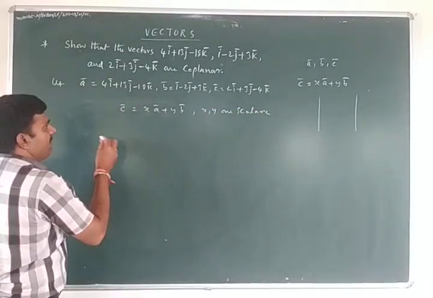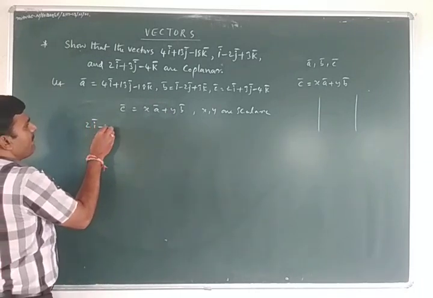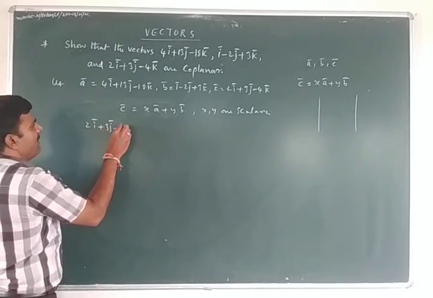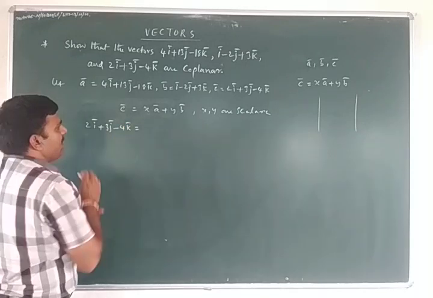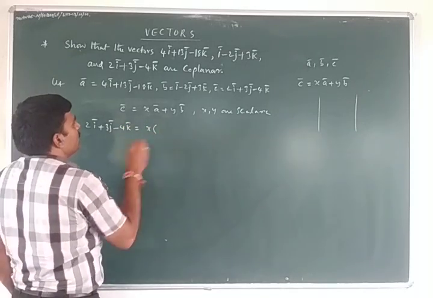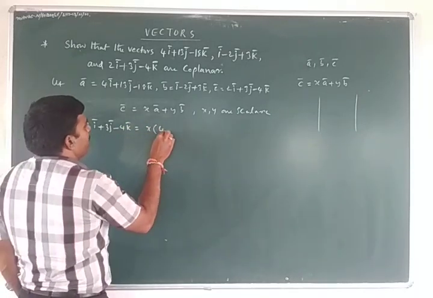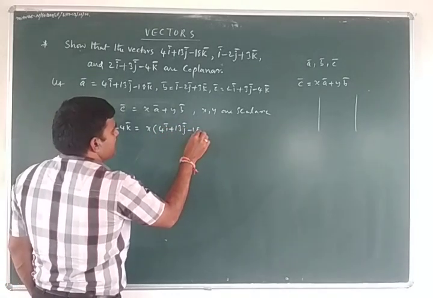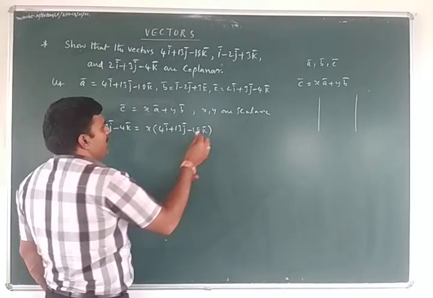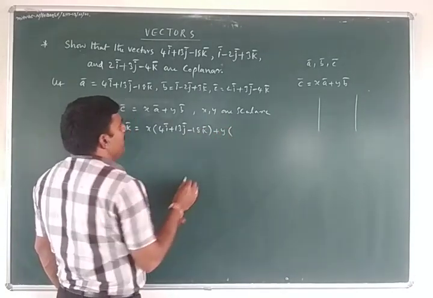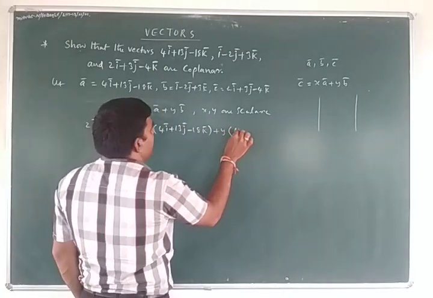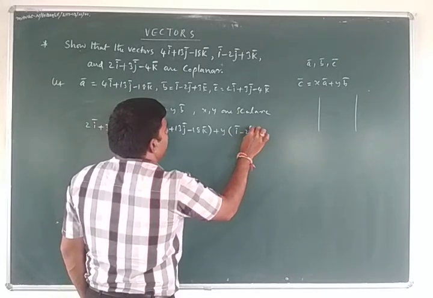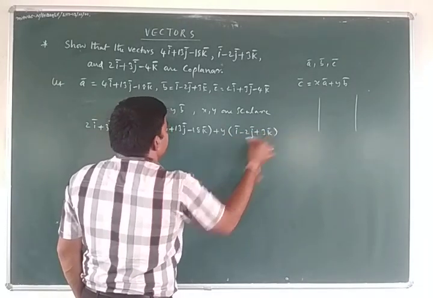So the c bar value 2i bar plus 3j bar minus 4k bar is equal to x into the a bar value 4i bar plus 13j bar minus 18k bar, plus y into the b bar vector i bar minus 2j bar plus 3k bar.